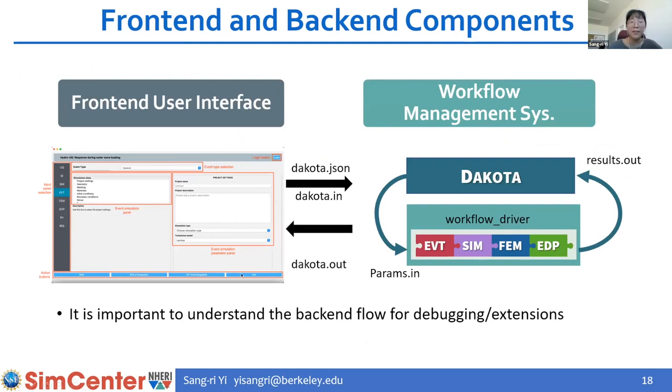So now you have all this information, including UQ and random variables, in your user interface. I will show you how HydroUQ uses this information to run a Dakota analysis and retrieve data.